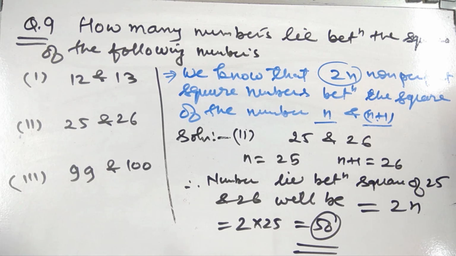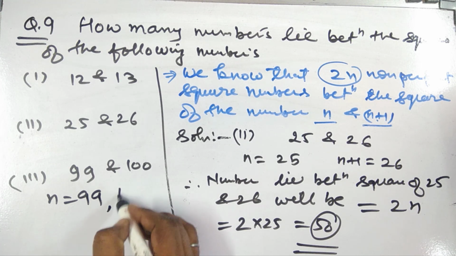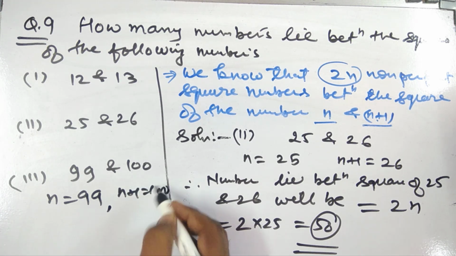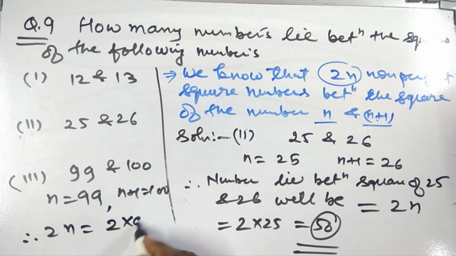Next, third one, students: n is equal to 99, n plus 1 is equal to 100. Therefore, 2n is equal to 2 into 99, which is equal to 198, students.